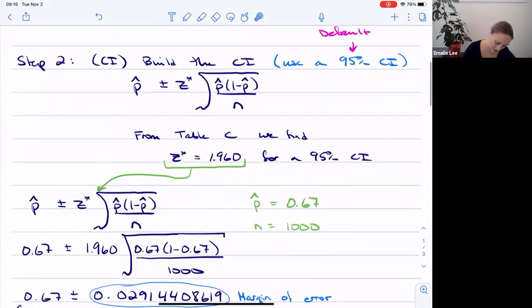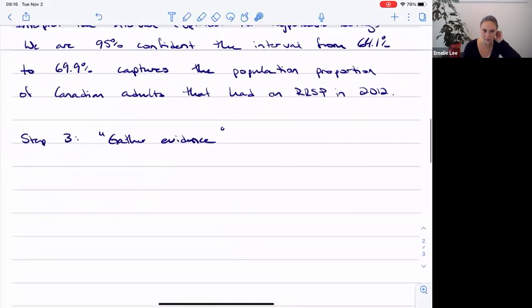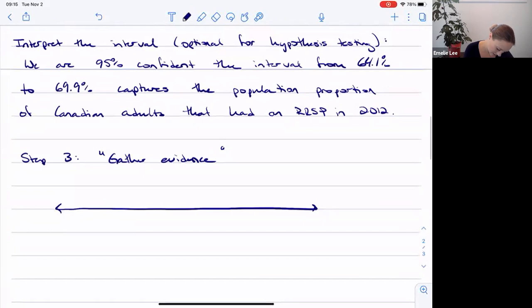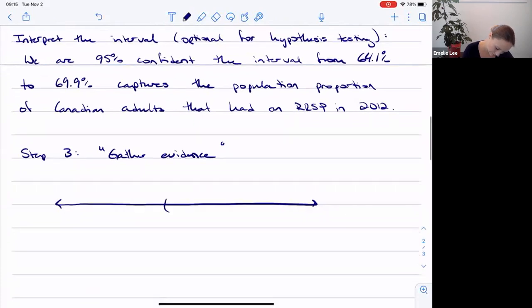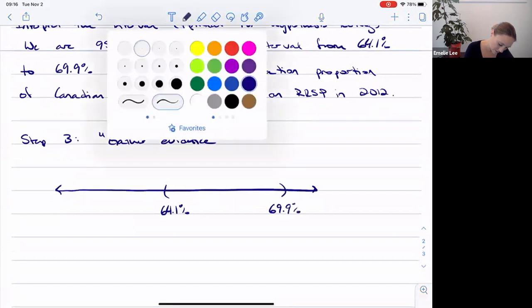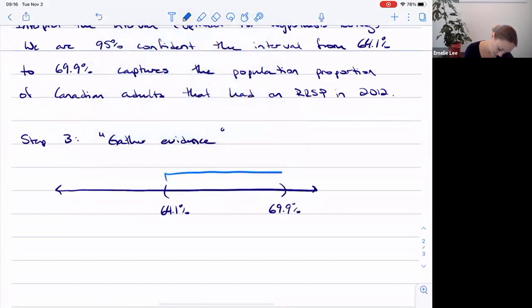What we can do is look at this interval on a number line. Our 95% confidence interval is from 64.1% to 69.9%.